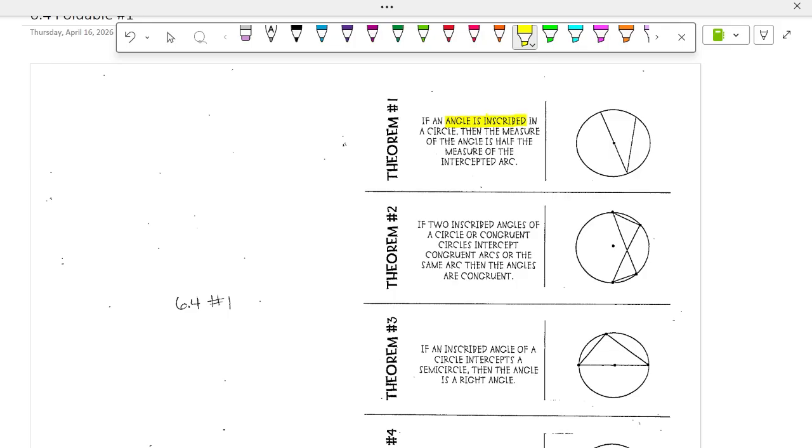If an angle is inscribed in the circle, it's called an inscribed angle, that's the actual name for it. The feature about it is that the measure of the angle is half the measure of the intercepted arc. Also, a defining feature about the inscribed angle is that all 3 points are on the circle.